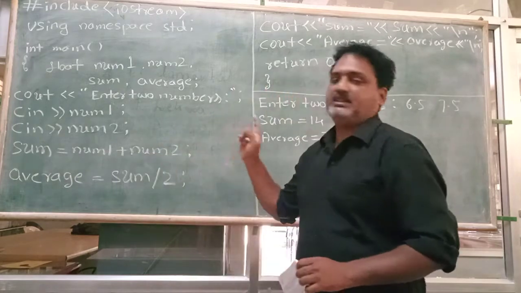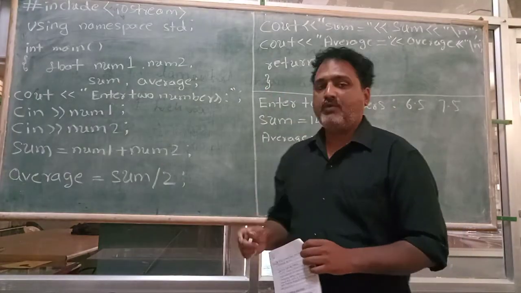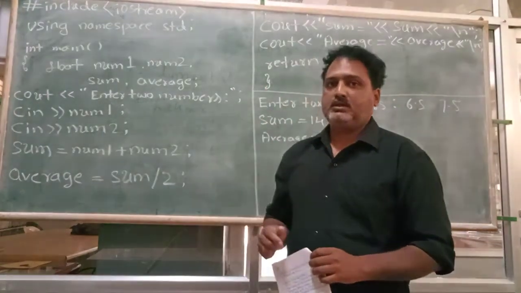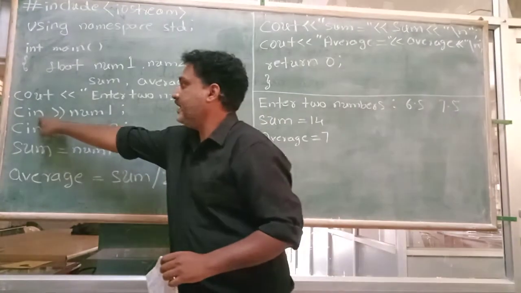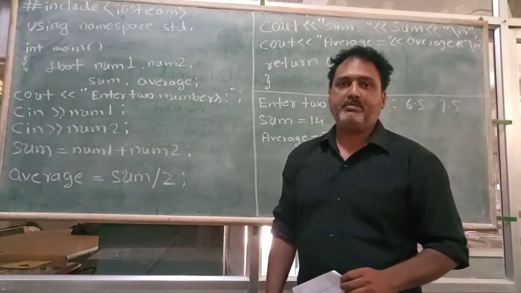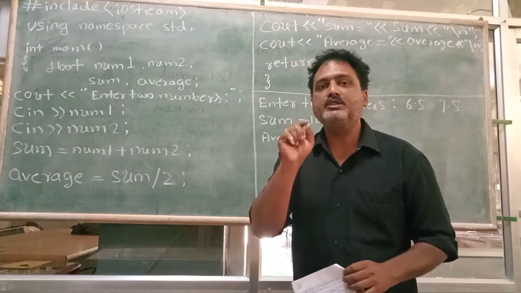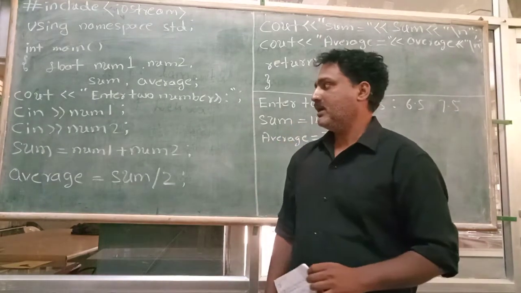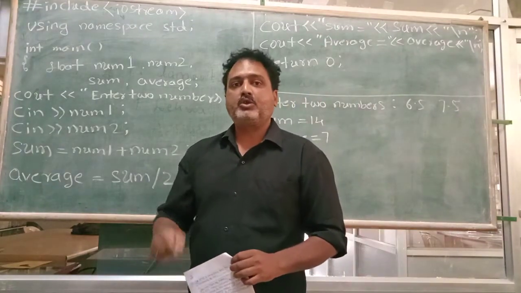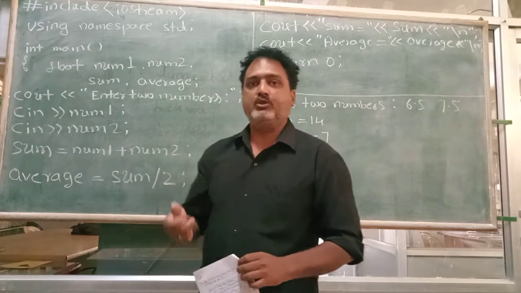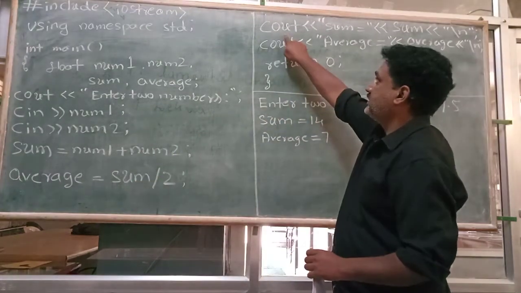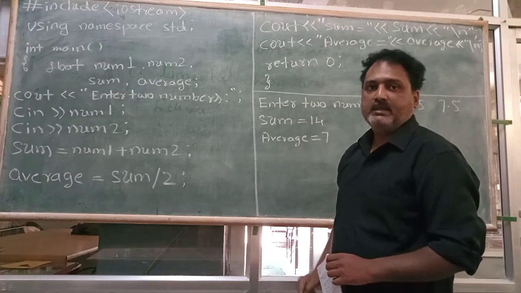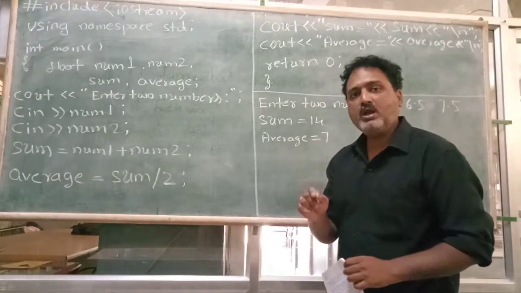But in C++, for taking input we use the cin statement. Cin means console input, and to print the values we use the cout statement. Cout means console output.